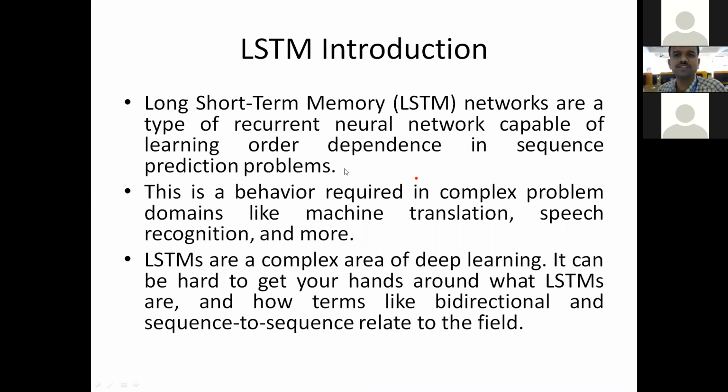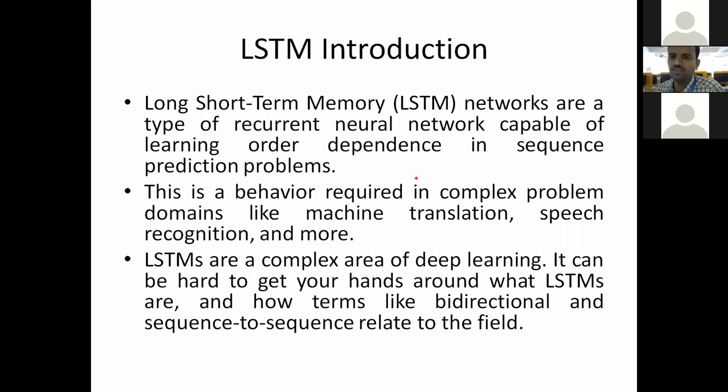LSTM networks are a type of recurrent neural network capable of learning order dependence in sequence prediction problems. As I told you earlier, RNN is used for sequence to sequence modeling and processing, but in normal RNN there are some difficulties. So we generally go for long short-term memory. LSTM is preferably used for sequence prediction problems.